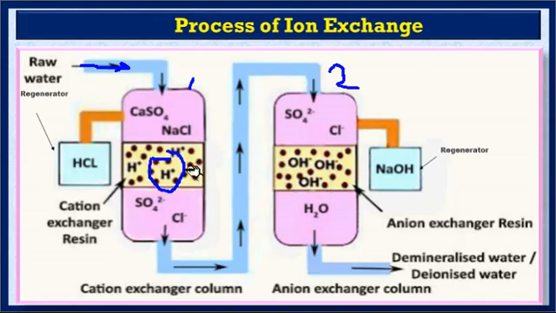Thus, the water passing through this cation exchanger is now free from all the calcium and magnesium ions and contains H plus ion in place of them. Why? Because when water crosses the cation exchange resin, all the calcium and magnesium ions present in the hard water are now fixed with this resin.